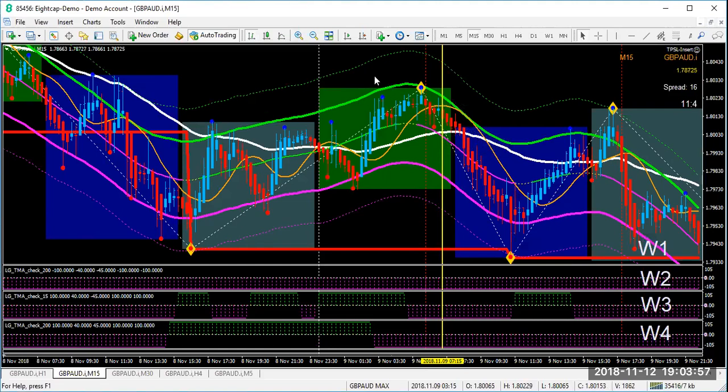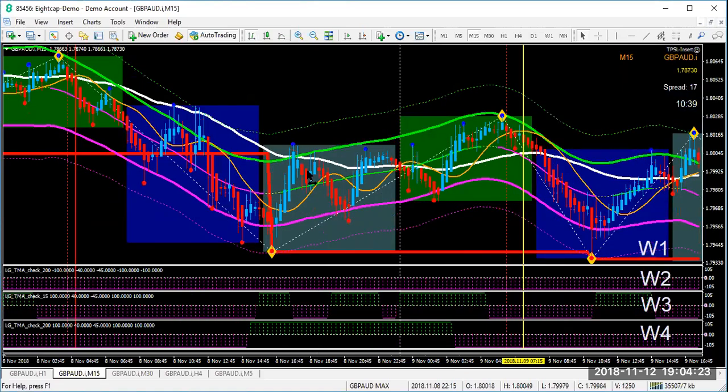So what it does for you is, if you've got a dotted red or any dotted reds and you get a solid red, it gives you information that price has a high chance of having a jumping diamond. We can easily find some along here.